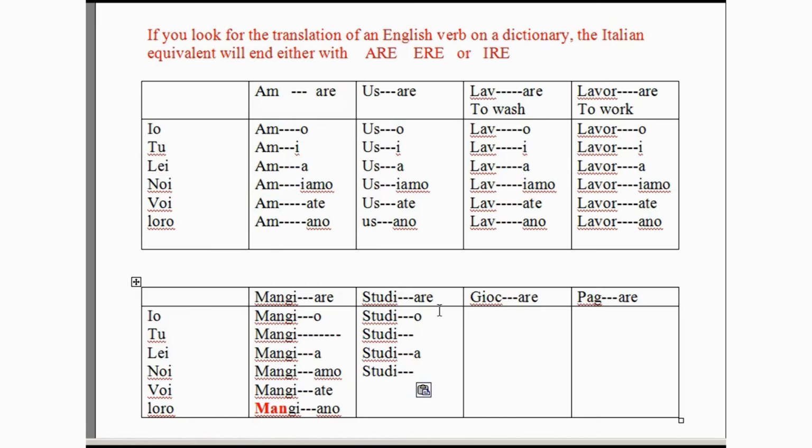Studi, with 1 i. Studia. Studiamo, not with 2 i's, with una i. Noi studiamo. Voi studiate. And loro, again, you retract the stress on the syllable that comes before, and it becomes studiano.